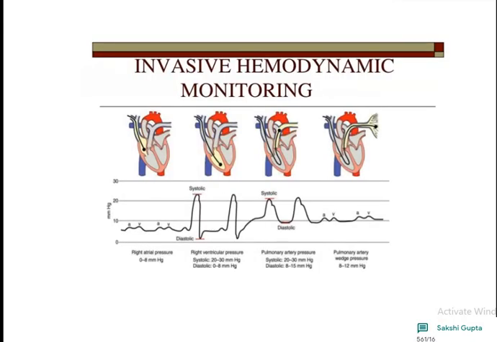Now this is the diagram of how the waves look when the catheter is passed through the heart. You all know the waves of the right atrial pressure, A, C, V. Then when the catheter enters the right ventricle, the ventricular pressure waves appear.